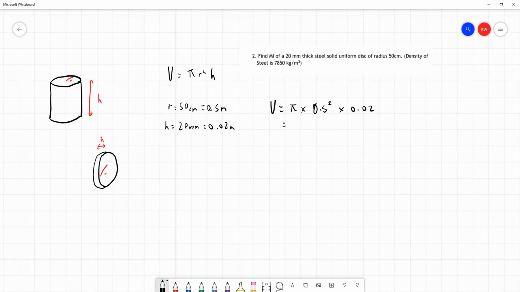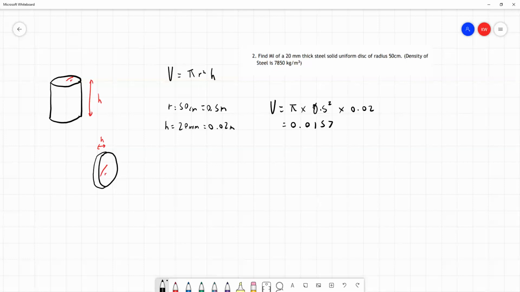Entering all of this, starting from the left-hand side, pi times 0.5 squared times 0.02 is equal to, and we'll write out our answer in a few decimal places here, 0.0157, and then it goes on quite a bit.